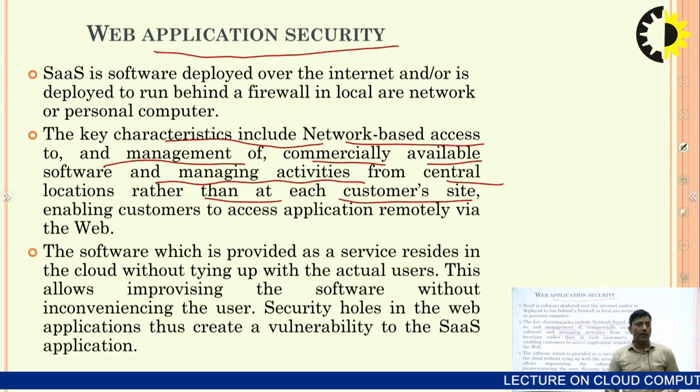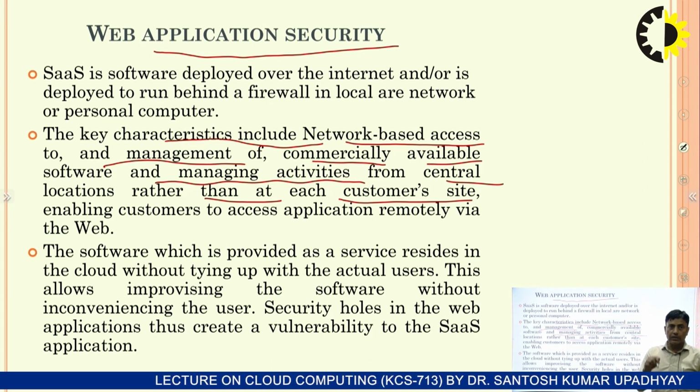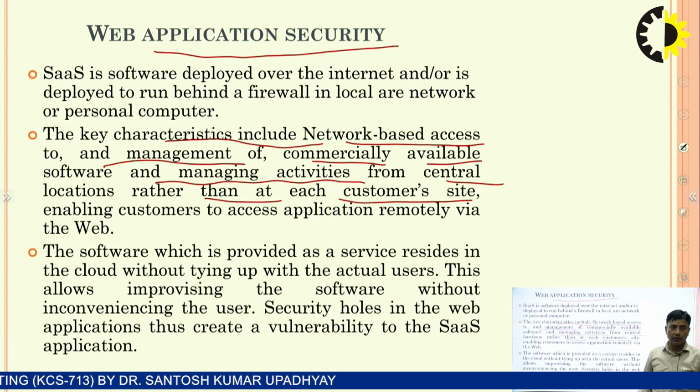So this enables customers to access the application remotely via the web. The software which is provided as a service resides in the cloud without tying up with the actual user. This allows improving the software without inconveniencing the users.